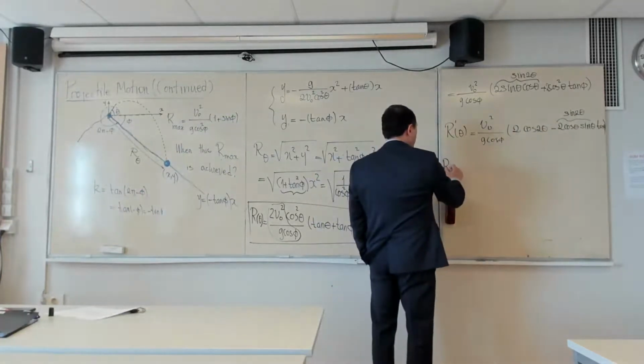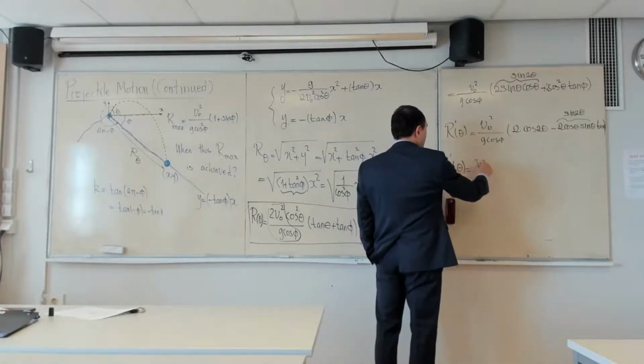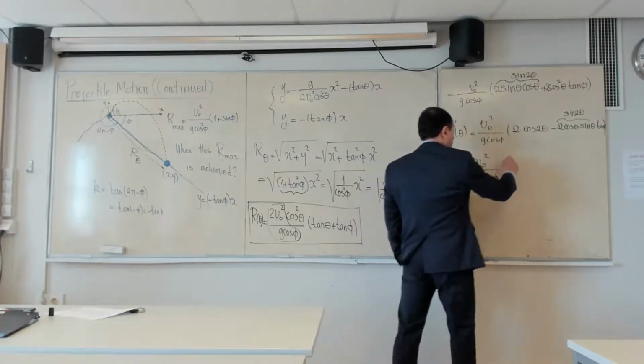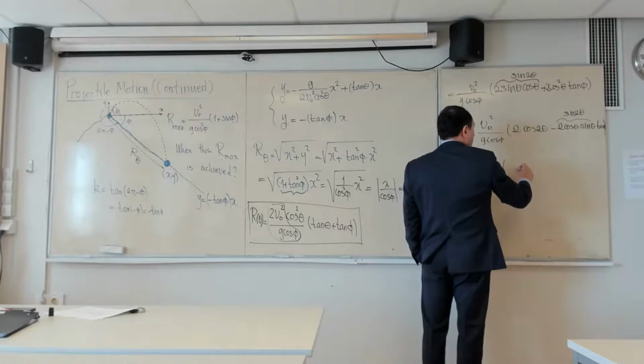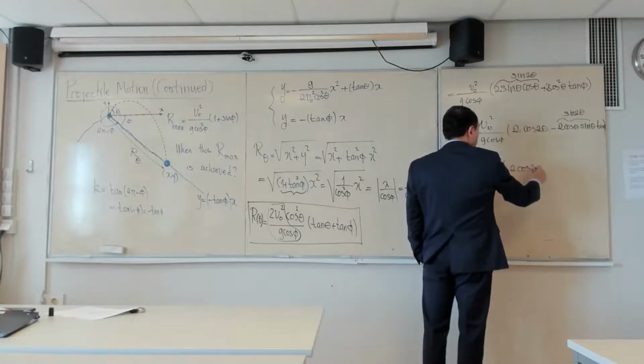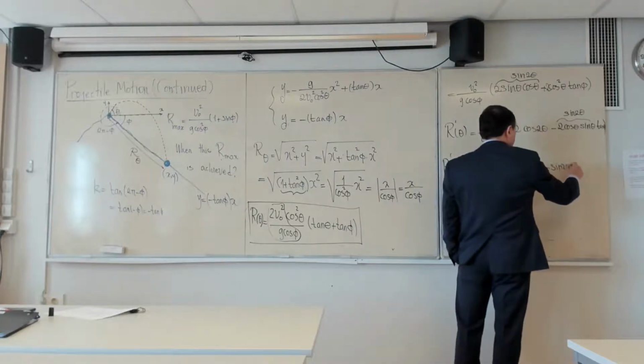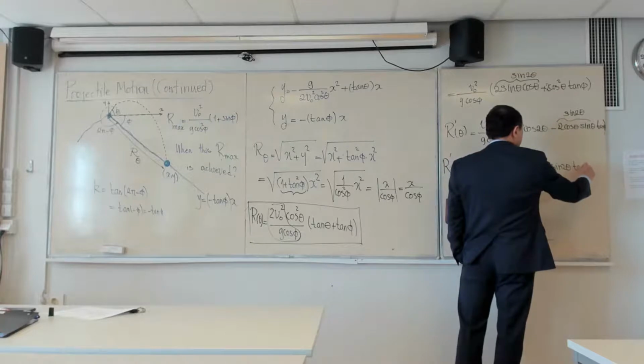So let me just finalize everything. R prime of theta is V naught squared divided by G cosine phi. And then what do I have here? I have 2 cosine 2 theta minus sine 2 theta, and then I have tangent of phi.